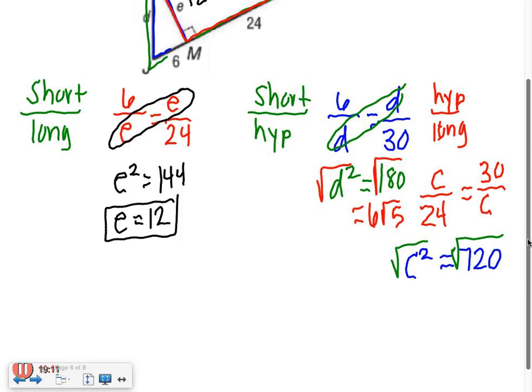Couldn't you do more? Just 144 fit evenly into there? How many times? 5? What's the square root of 144? 12. Can we break down square root of 5? No.